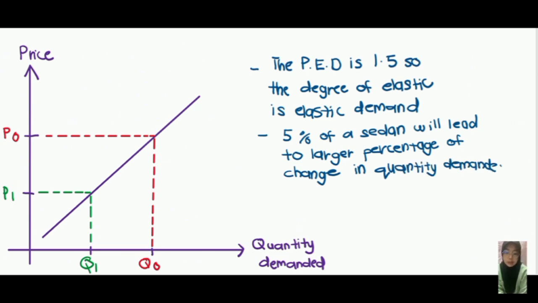A 5% change in price will lead to a larger percentage change in quantity demanded. For certain, which is 50%.